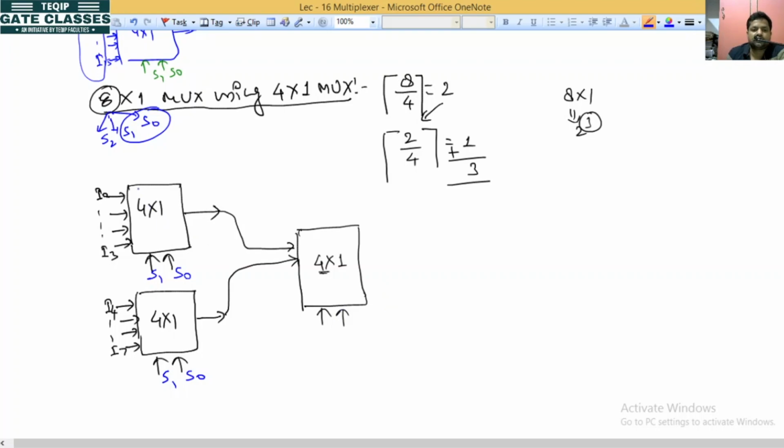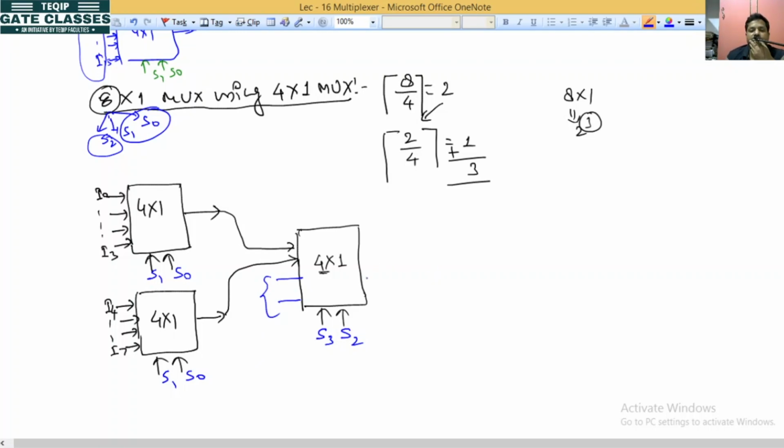Now, if you talk about this one, where can it be placed? S2 here. Now since here we required how many? 2 selection lines, so it will be suppose S3, okay na? But we don't require these 2 inputs here, okay na? We don't require these 2 inputs.